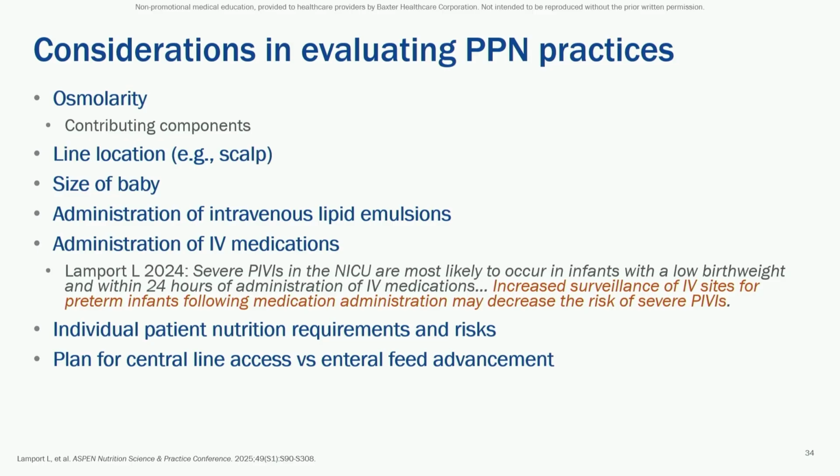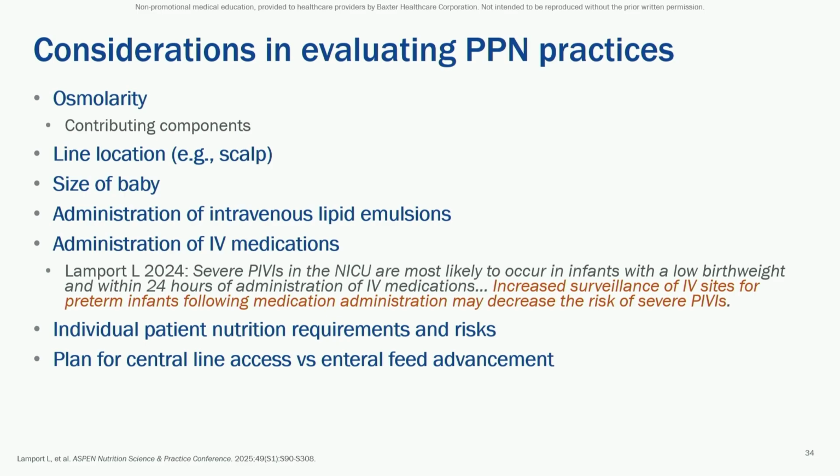We should be considering the size of baby. We should be considering what's flowing through there. The presence of lipids has been differing in terms of its protective versus not protective impact in terms of line-related events peripherally. I do think we need to be closely considering what else is running through that line, and particularly with the administration of IV medications.